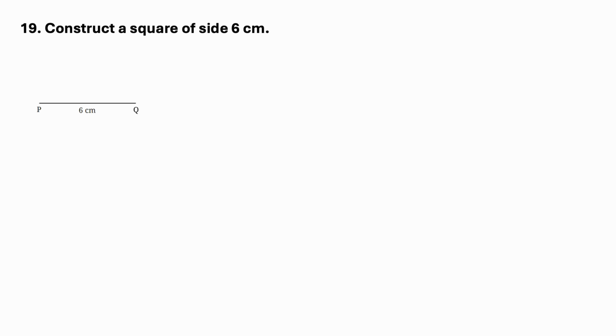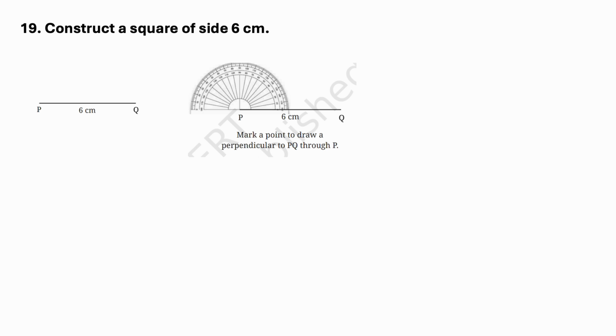Then, keep the protractor like this. The center of the protractor must coincide with the P. Then mark a point to draw a perpendicular to PQ through P. So, you can draw a perpendicular here. Like this, you can draw a perpendicular.